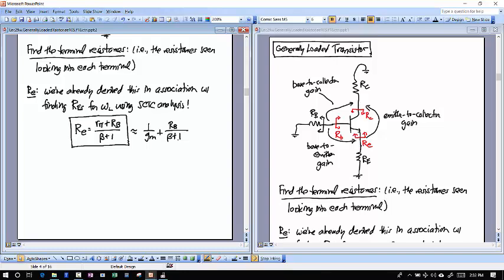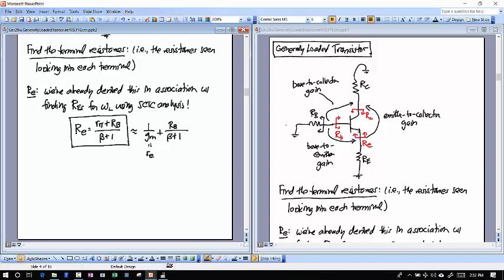If you're more comfortable with this, then use this. But in the end, what you're seeing is that when I look up into the emitter, I see 1 over GM, which is something I also called little re. So I'm calling this all sorts of things. Okay? I see 1 over GM plus whatever's on the base divided by beta plus 1.